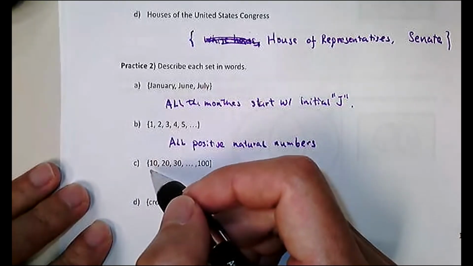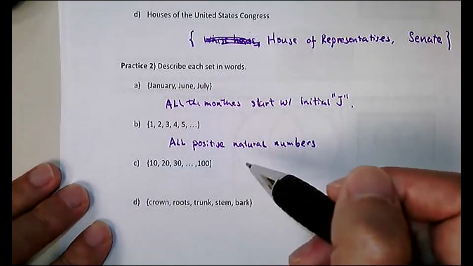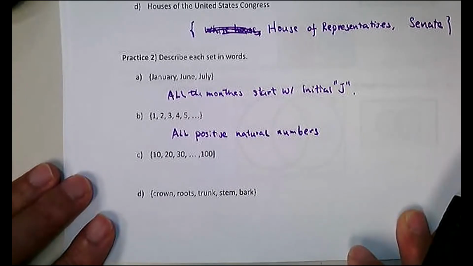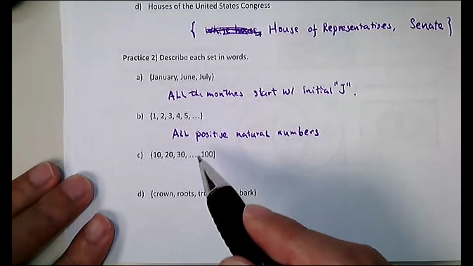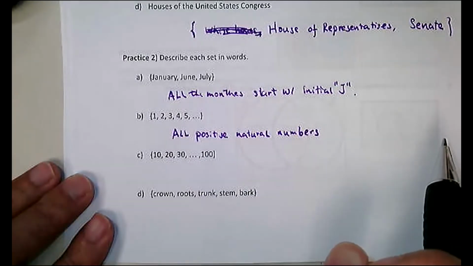Okay, how about example 3, C. Multiples of 10. Very good. But I think something is missing. Rochelle, do you see something missing in your description of this set? Multiples of 10 from 0 to 100. Very good, you get it.